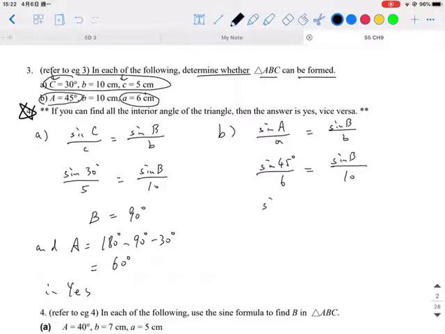After that, you can get sine B is equal to 1 point something, and obviously, this is greater than 1. Therefore, B does not have any solution. Okay, so we cannot form a triangle. So that's the end of question number 3.